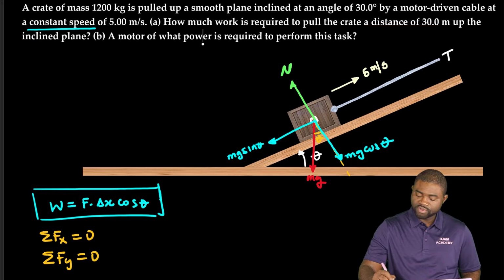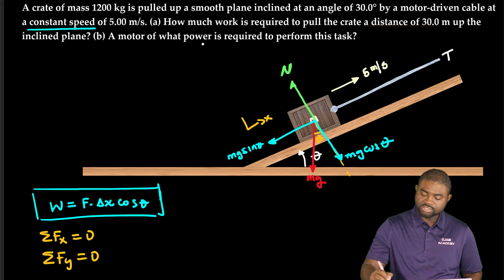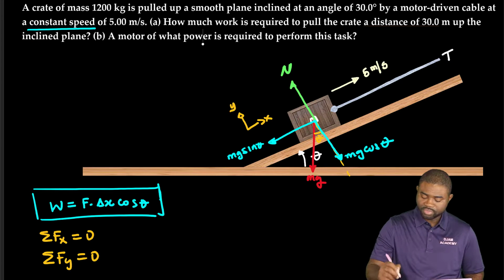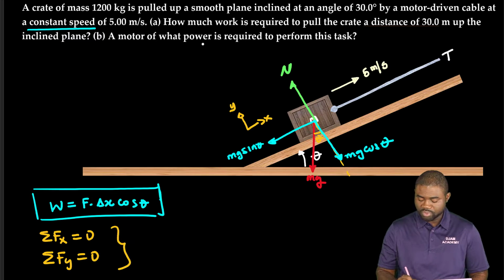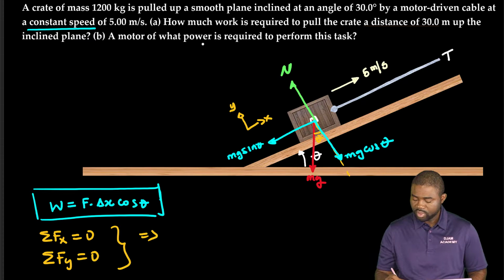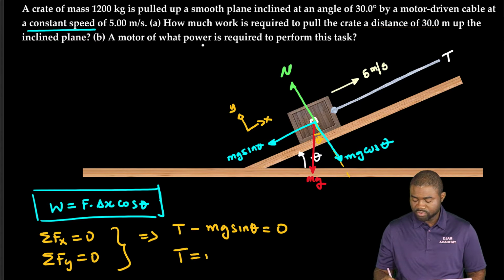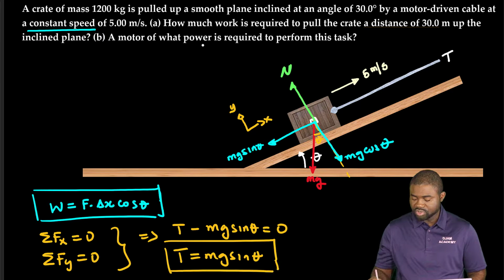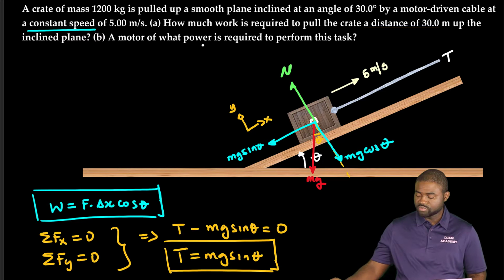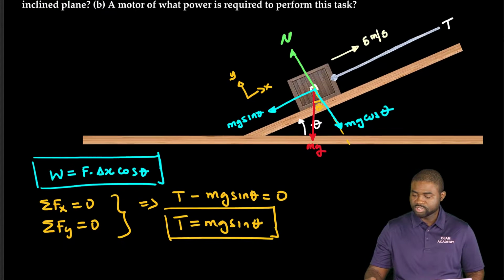If we orient our axis such that the x-axis points upward along the plane, this implies that T minus mg sine theta is equal to 0, which means that T is equal to mg sine theta. This gives us the magnitude of the tension force acting on the rope.